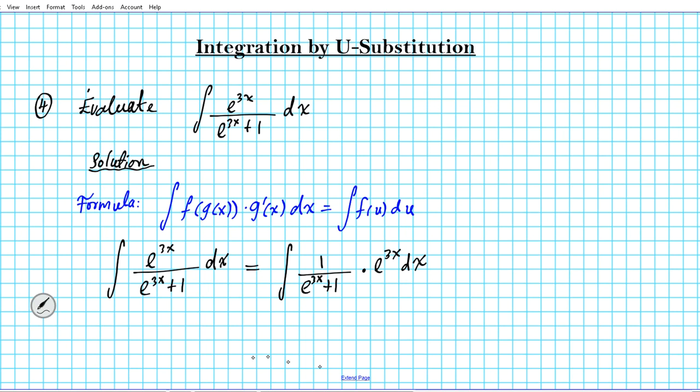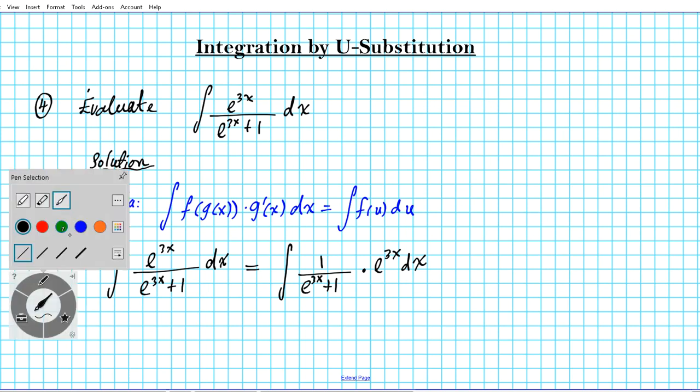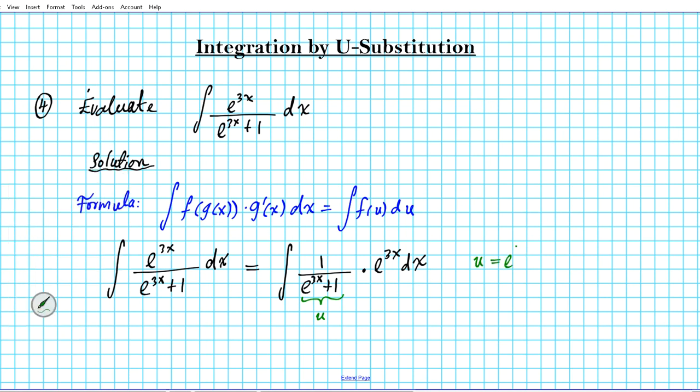Okay, so let's go ahead and identify what u is. This inner function right here is u because when you differentiate that, you end up with a multiple of this. Let's show that on the side here. So we say u is e to the 3x plus 1. When you differentiate this, du dx, we're going to use a chain rule here because we have a composite function.